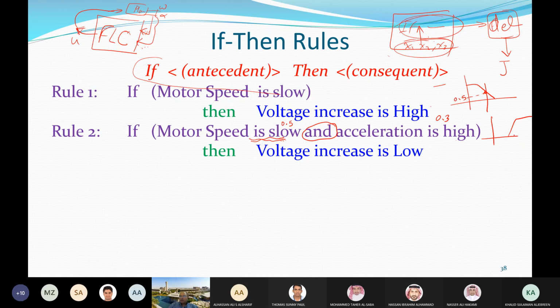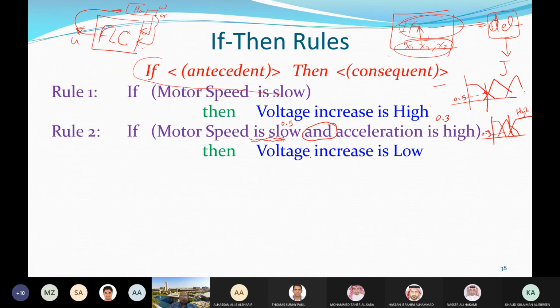When you measure the acceleration, of course this is high. Of course, you have low and medium as well. So this is one rule. When the speed is slow, the degree of membership is 0.5. When the acceleration is high, the degree of membership for high is 0.3, for example.